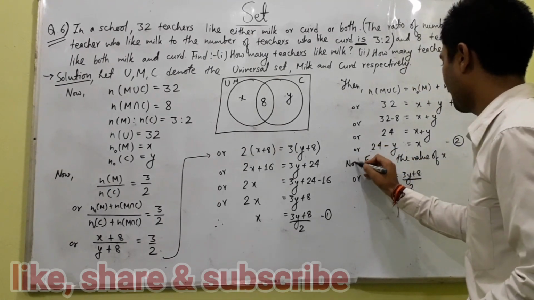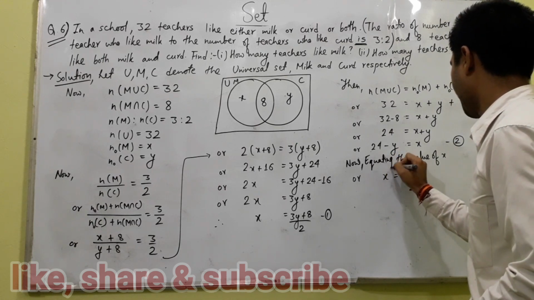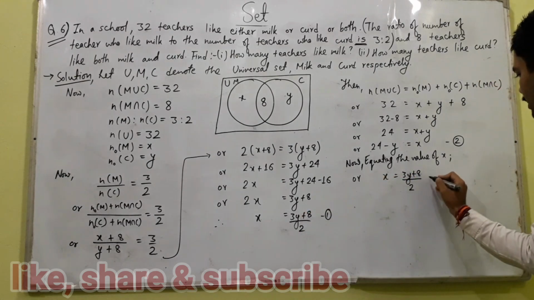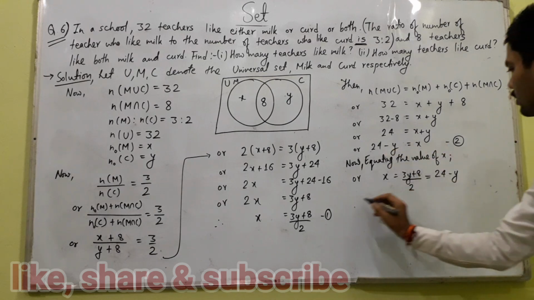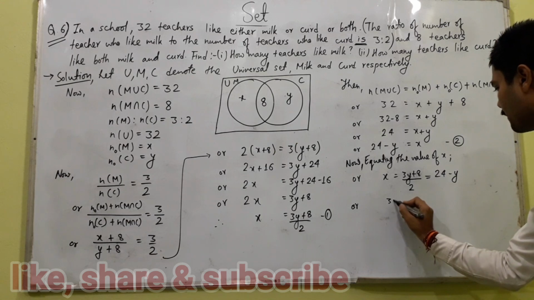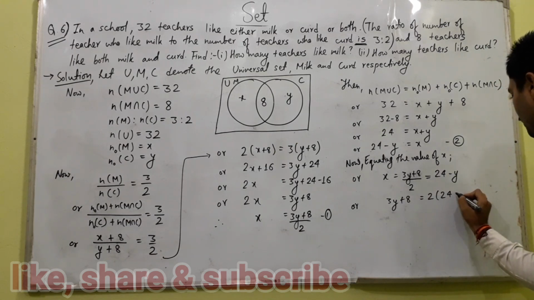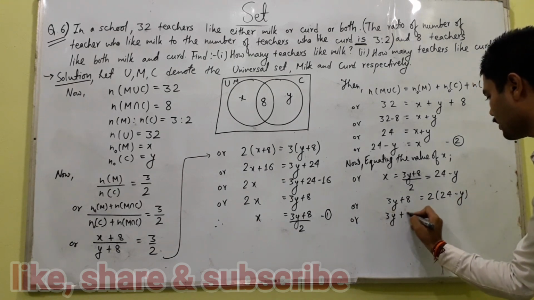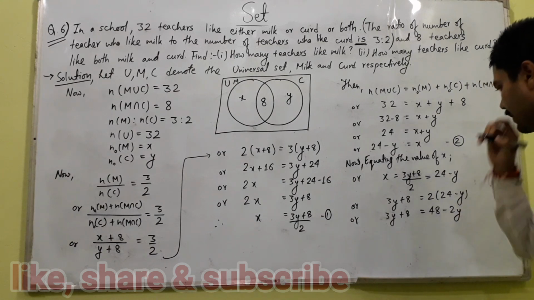Now, equating the value of x, we know x equals 3y plus 8 upon 2, that is 24 minus y also from equation 2. So just take these two values, that is 3y plus 8 is equal to 2 into 24 minus y, or 3y plus 8 is equal to 48 minus 2y.